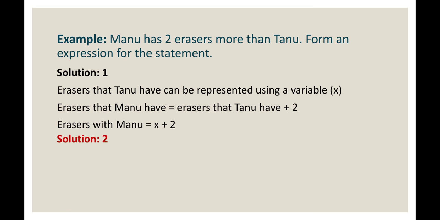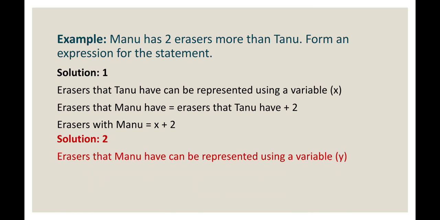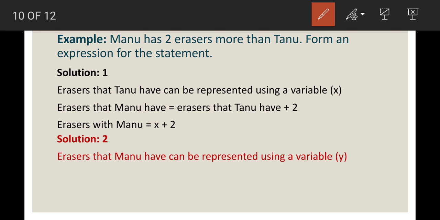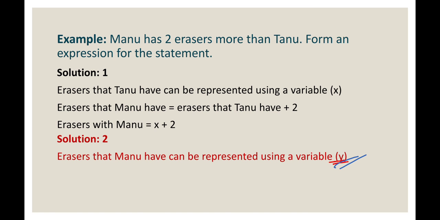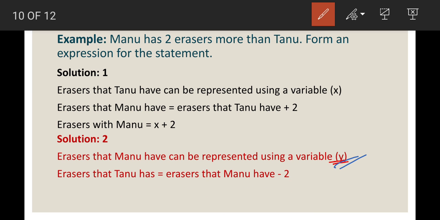Next one, come to solution 2. Erasers of Manu can be represented with the help of the variable y. Suppose I am taking the variable of Manu as y. Then we have to represent this expression using Tanu's erasers. So erasers of Tanu is erasers of Manu minus 2.